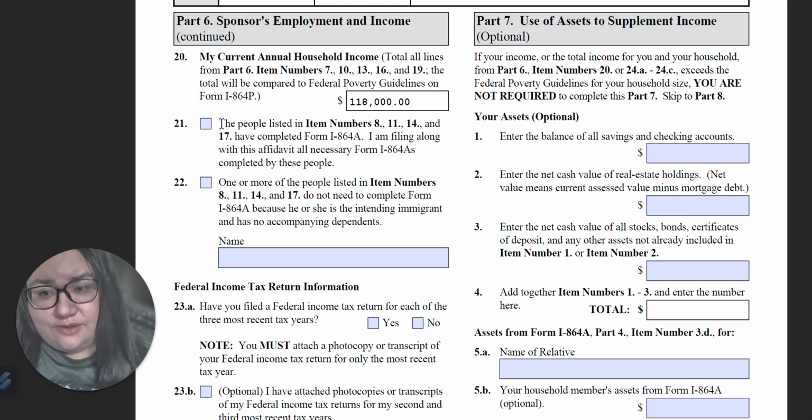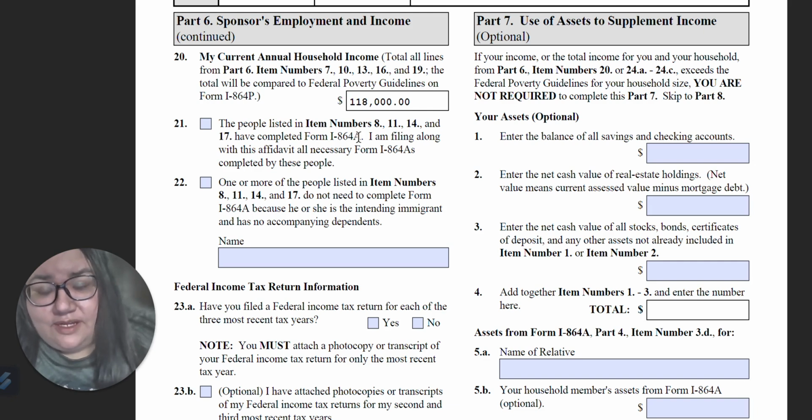And that person who is combining their income or offering to combine their income would have to fill out a form I-864A. Again, if the person who is combining income with the petitioner resides in the house as part of the household, they would fill out form I-864A.